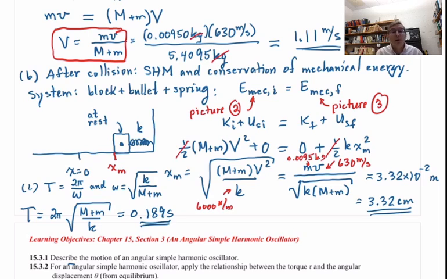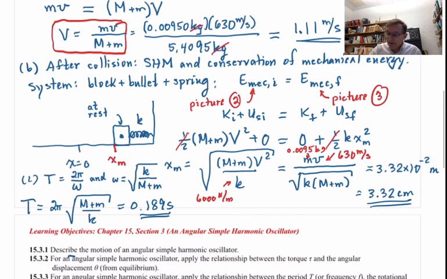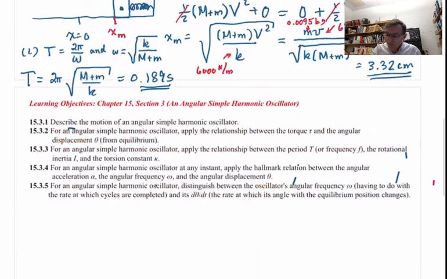Okay, so that's a Wiley Plus problem involving conservation of mechanical energy and a block spring oscillator. Now we transition, like the video lecture, to what's called an angular simple harmonic oscillator, also called a torsional pendulum.